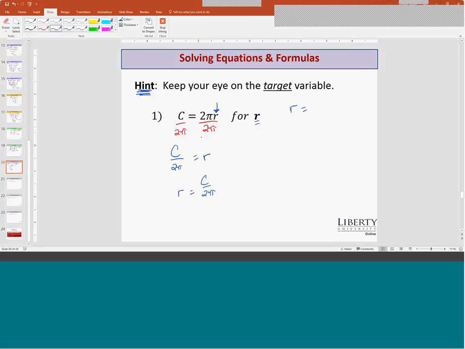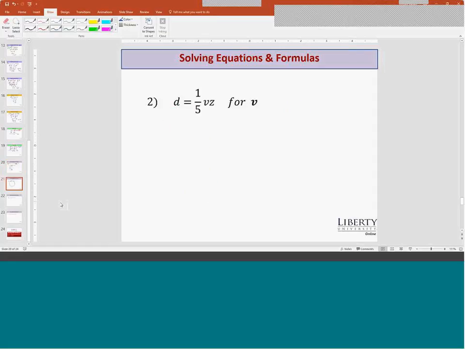The same process for solving equations with one variable works for solving equations and formulas with more than one variable. Look at this: D is equal to 1/5 V times Z, solve for V. So we need to keep our eye on this target variable. V is being multiplied by Z and multiplied by 1/5. Because of the fraction, let's take this one at a time.